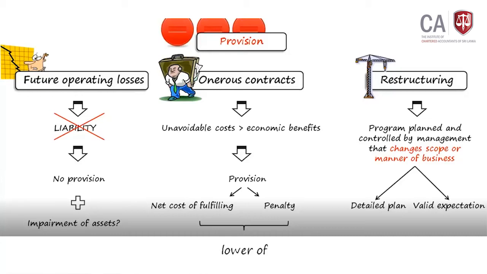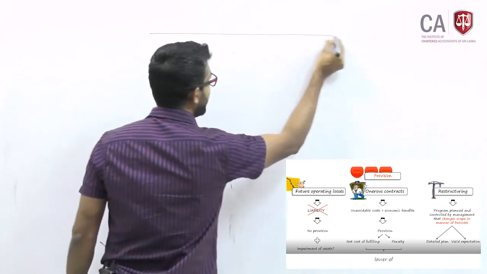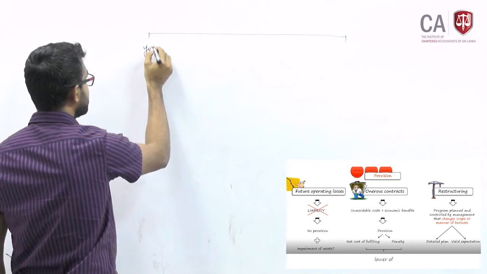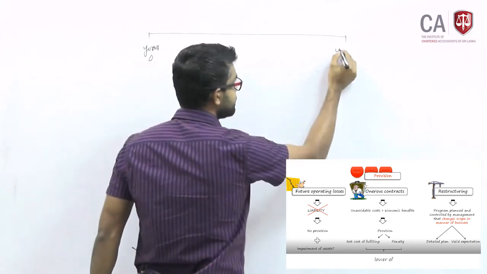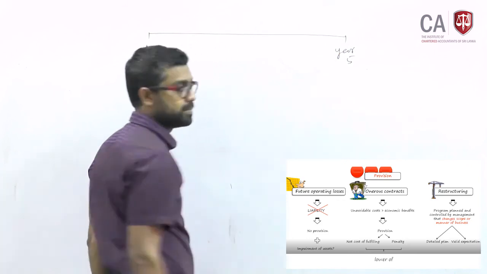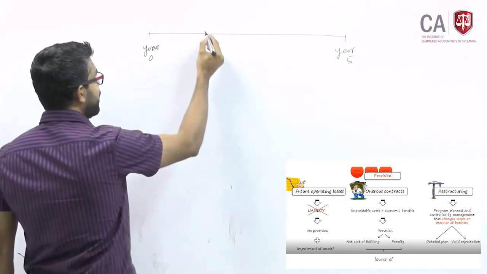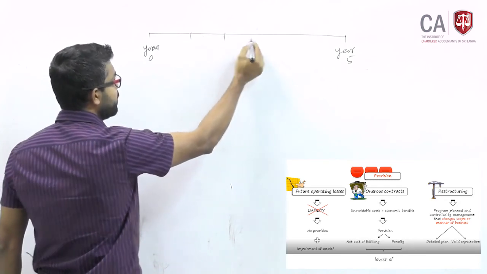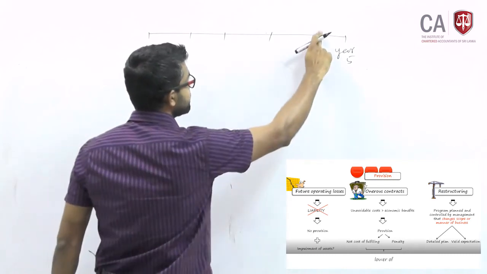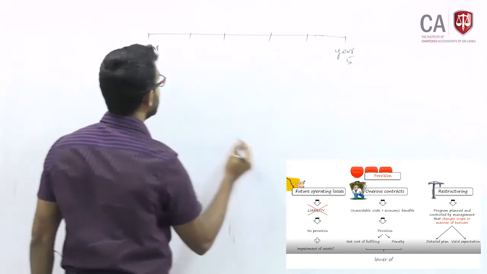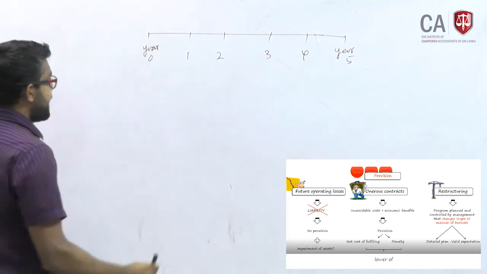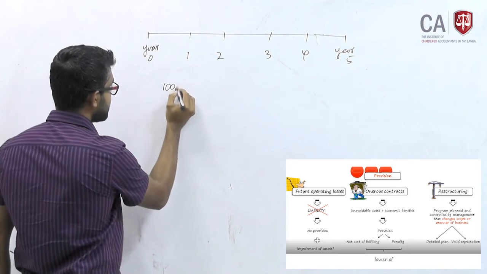You have rented a building for a 5-year period, year 0 to year 5. Every year you pay 100,000 rupees.